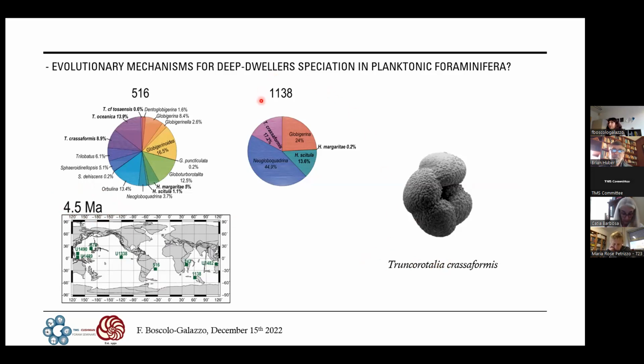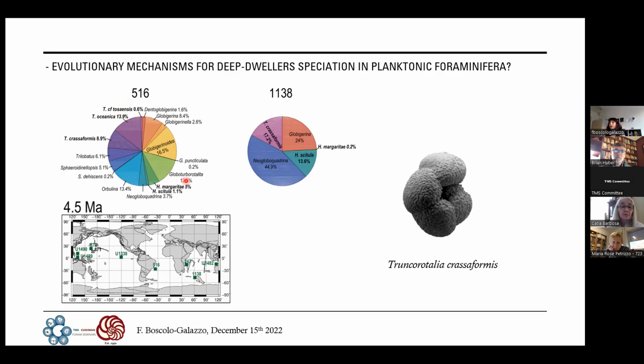And it's already quite abundant at site 1138 in the Southern Ocean, again close to 20%. And is also fairly common at site 516 in the mid-latitude South Atlantic, close to 9%. It also comes with daughter species again, such as Truncorotalia oceanica and Truncorotalia conomiozea, which is a morphotype intermediate, to me at least, between crassiformis and tosaensis.